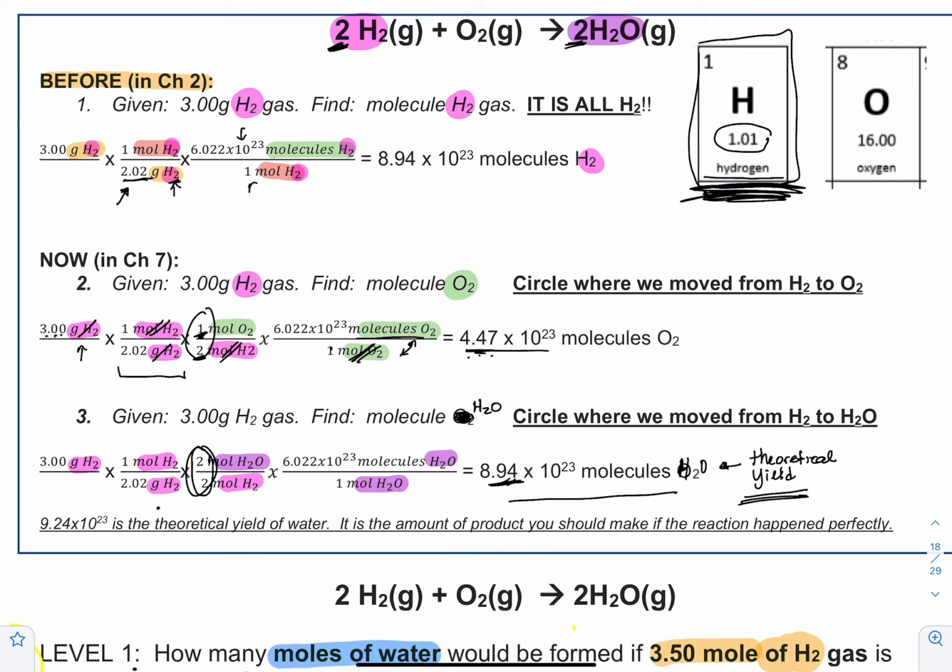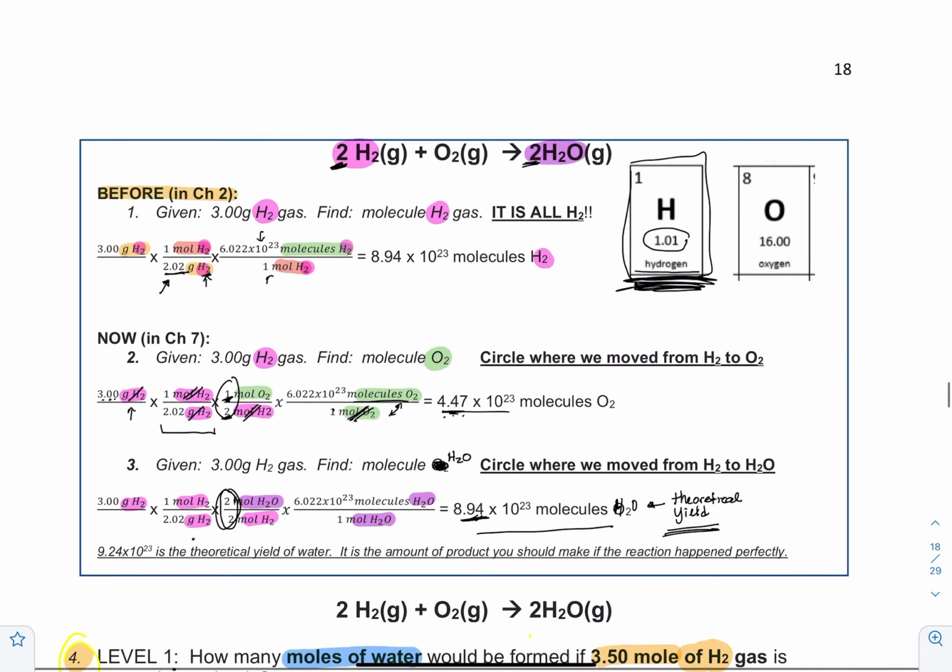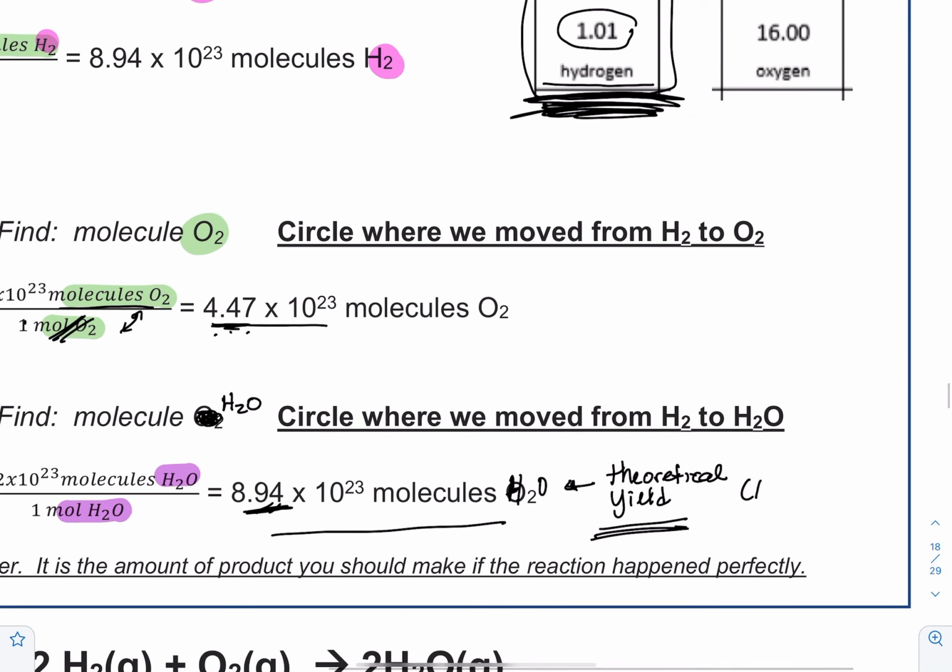Now, if you actually wrote some journal articles and claimed to actually get that yield, they're going to look at you like you're crazy, because you can't really hit 100% yield. It's just impossible. People won't believe you. So theoretical yield is like your maximum that you could ever get.